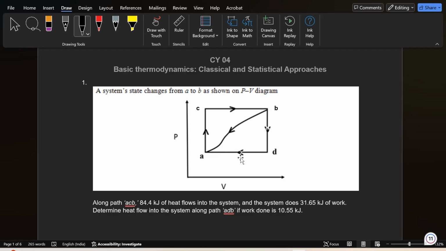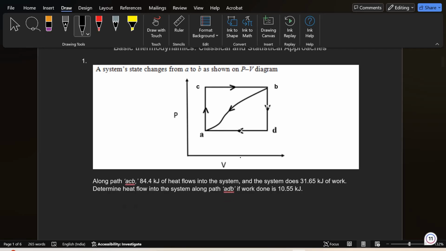So first, what they're given is path ACB, which is basically going like this. Can you see my cursor? A to C to B. That's the first case.